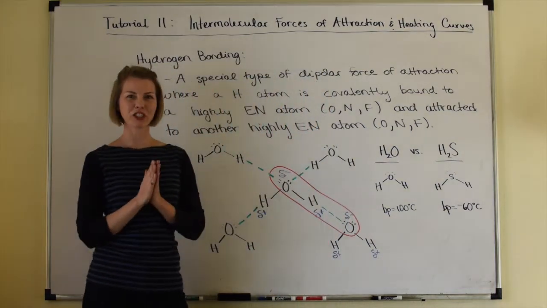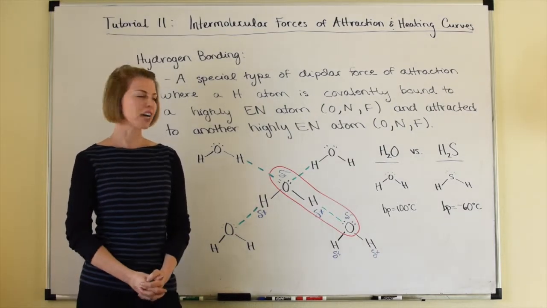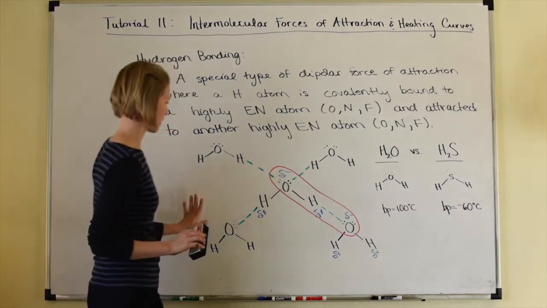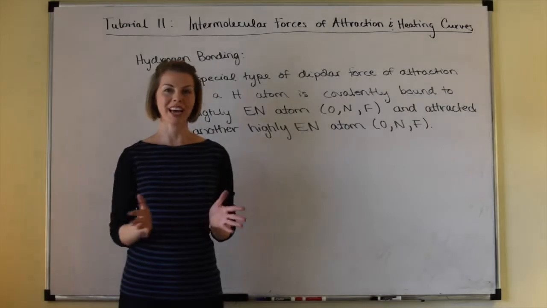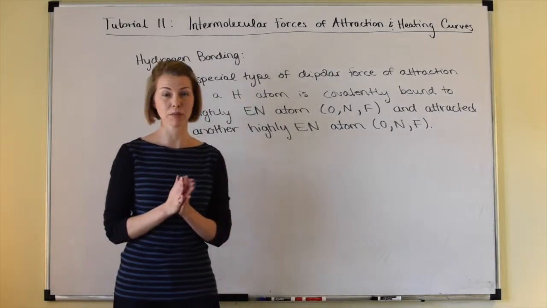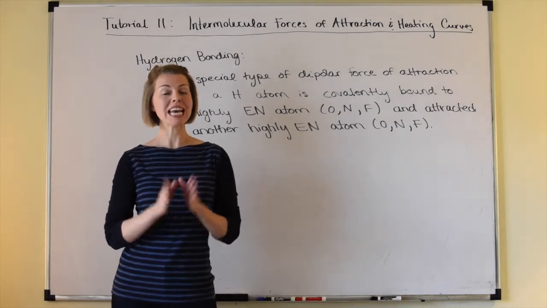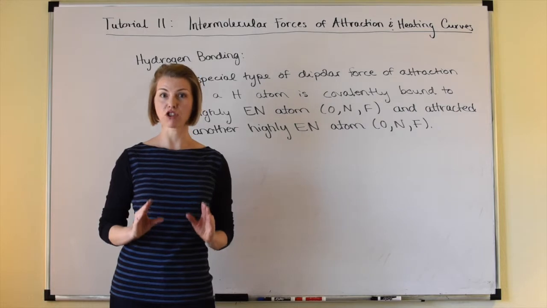Before we go on to our last slide, which is slide 3, and talk about heating curves, I just want to say a few more things. So let's go ahead and erase right here, and I'll write a couple more bullet points on the board. Okay, so some last points that I want to make here before we go on. First thing is that a hydrogen bond is just a type of intermolecular force of attraction.